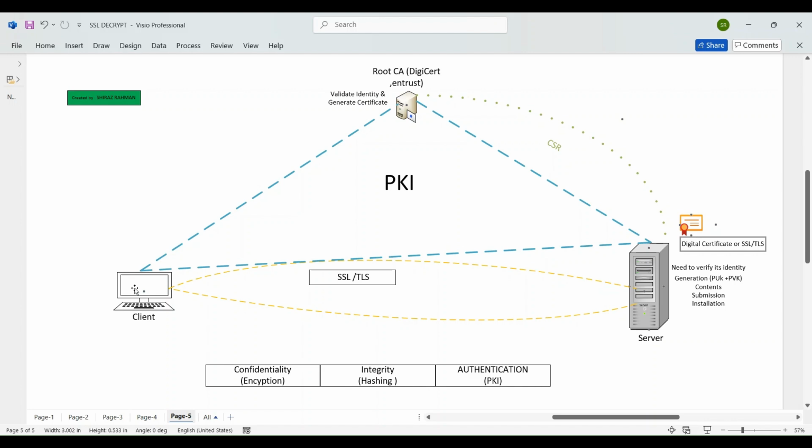So all the story goes in the PKI model. PKI is just a triangle of trust, okay, and it's used for authentication and SSL/TLS.